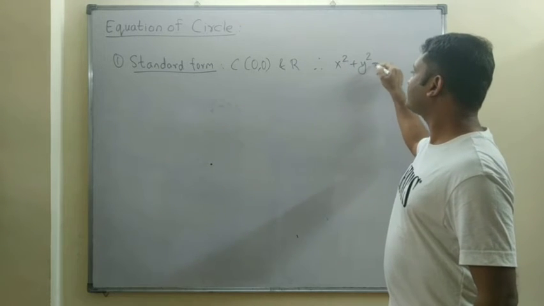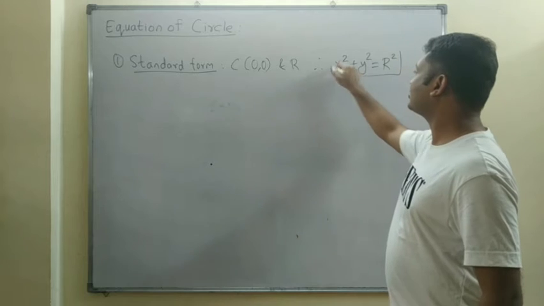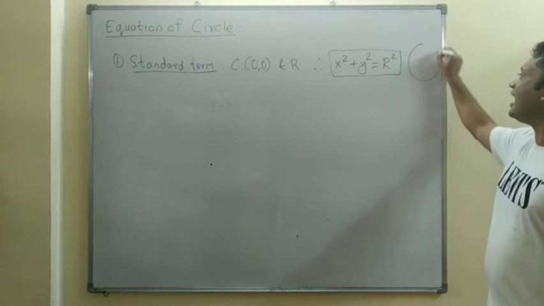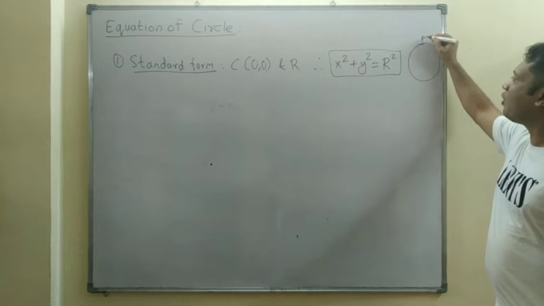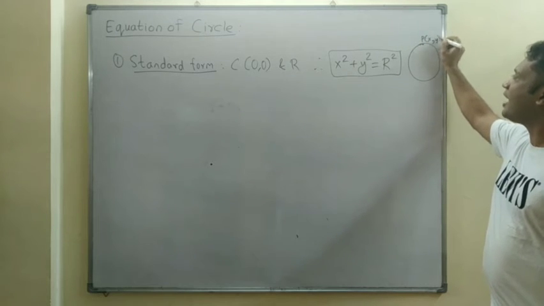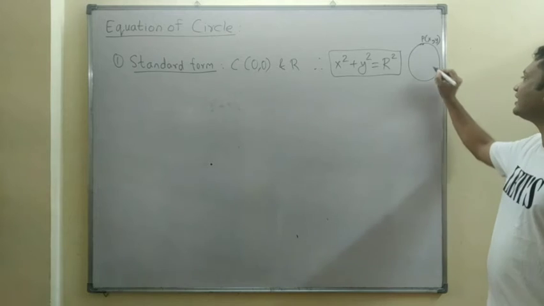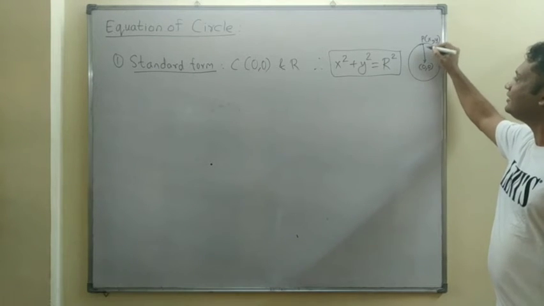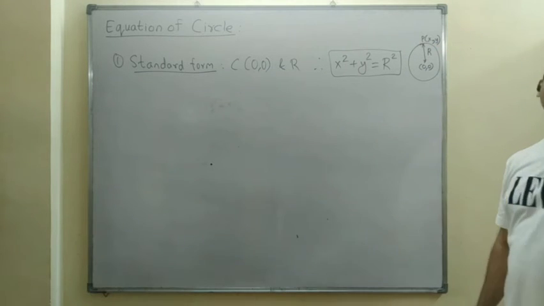The equation of the circle comes out to be x² + y² = r². So this is the diagram. We have point P(x, y), which is a general point on the circle. The center of the circle is (0, 0) and the radius is r.